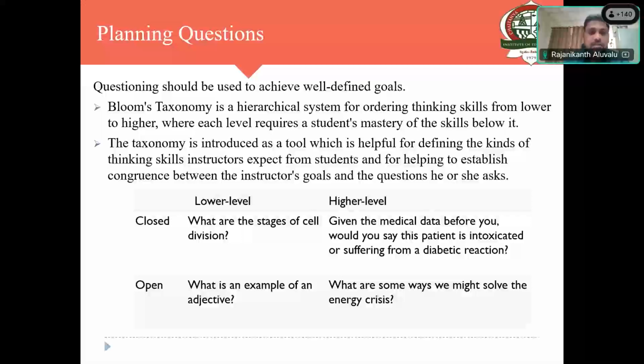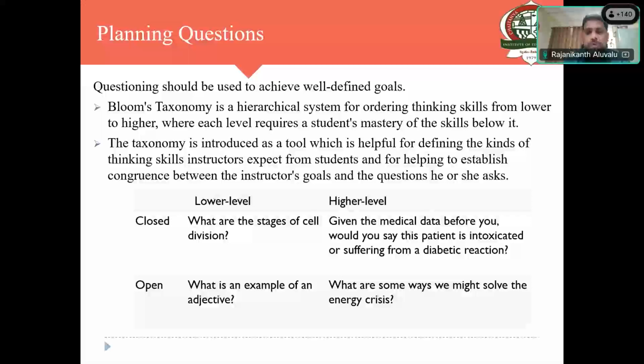But the same explain keyword can be used, and we can design a question which falls at analyzing level. So what I mean to say is, it always depends on whether you are defining a lower level question or a higher level question, whether you are defining a closed question or an open question.